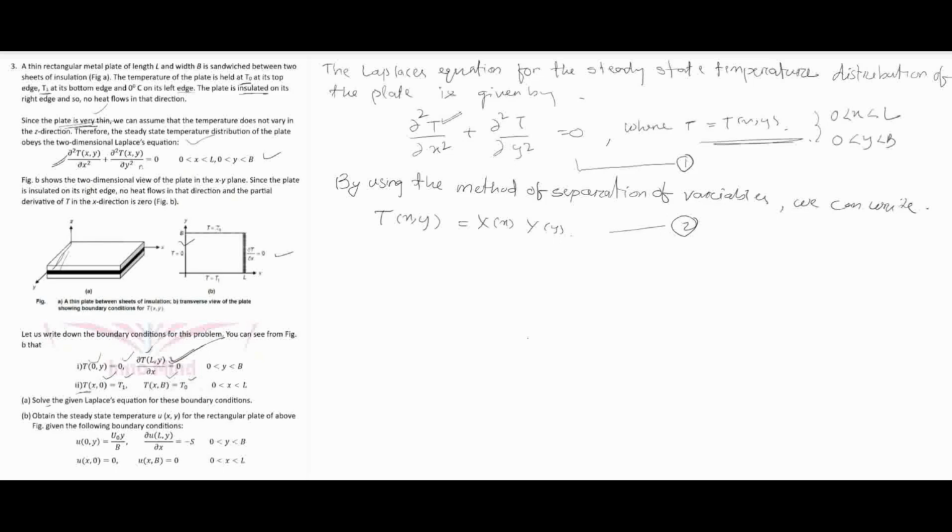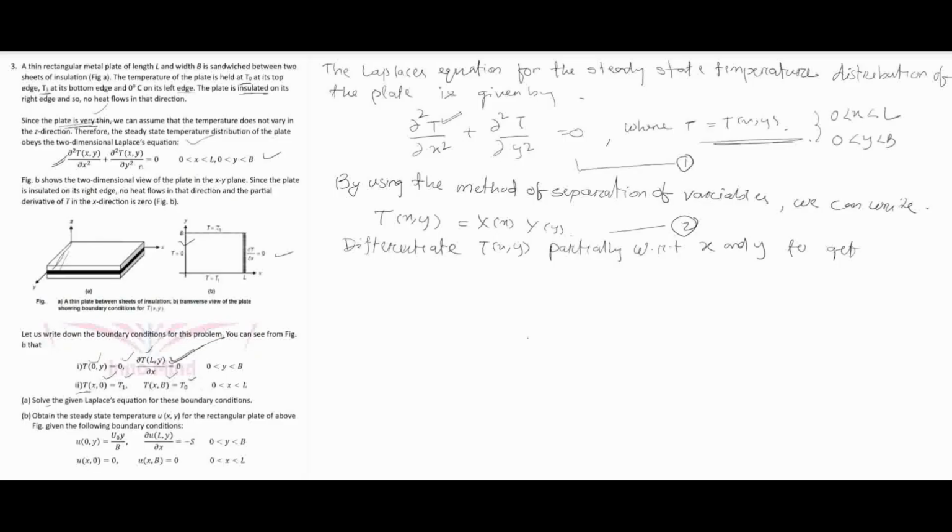Now differentiating this with respect to x and y separately, what will we get? Differentiate T(x, y) partially with respect to x and y.